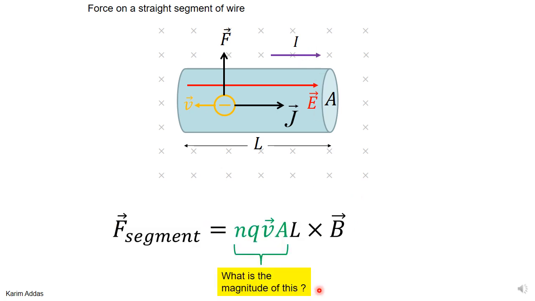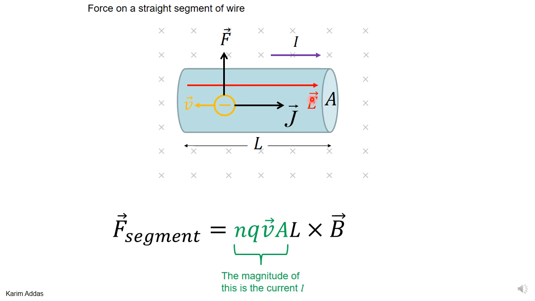If you notice, by rearranging the terms, you have nQV times A. Remember, nQV is J, and J times the area. What's the magnitude of J times the area? It's just the current. And what's the direction of this quantity? It's the direction of J.